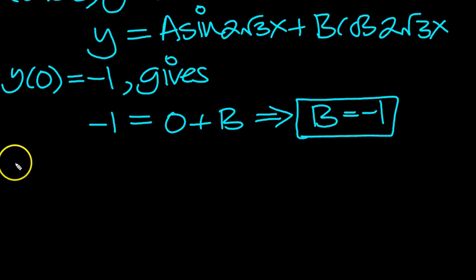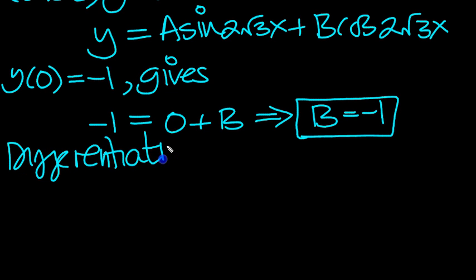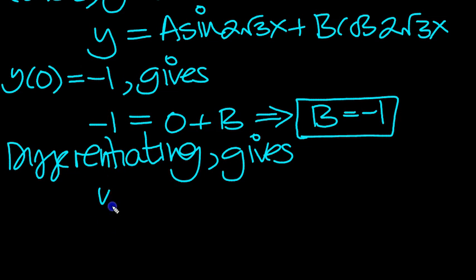Now we need to differentiate. So differentiating then gives, so y dashed is equal to, sine is a function of a function here, differentiate term by term. But we've got sine as a function of function, so sine of something goes to cos of something.